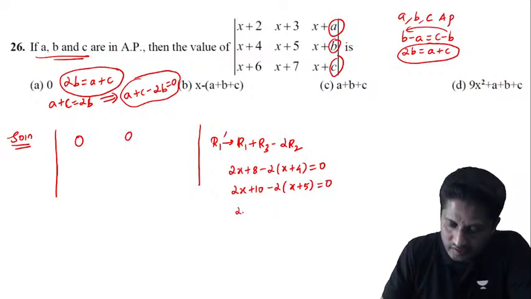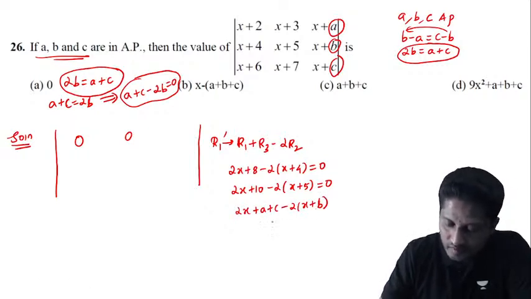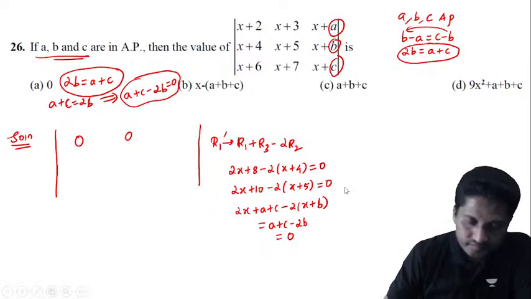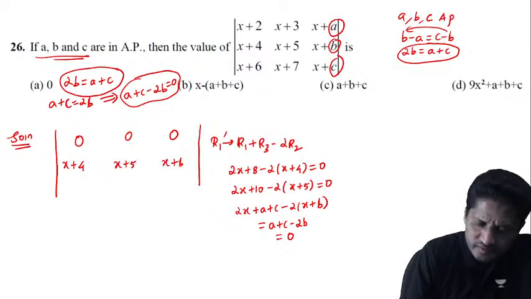R1 plus R3 is 2x plus A plus C, minus 2 times R2, which is x plus B. If you open the bracket, we get A plus C minus 2B, which is obviously 0. This is 0, and then you keep x plus 4, x plus 5, x plus B, and the last row will be x plus 6, x plus 7, and x plus C.